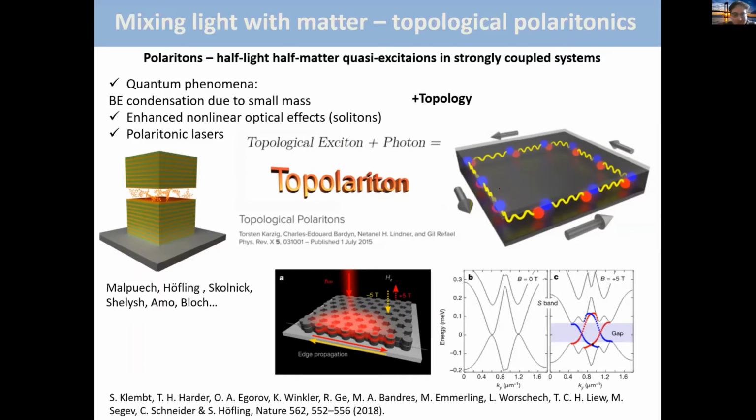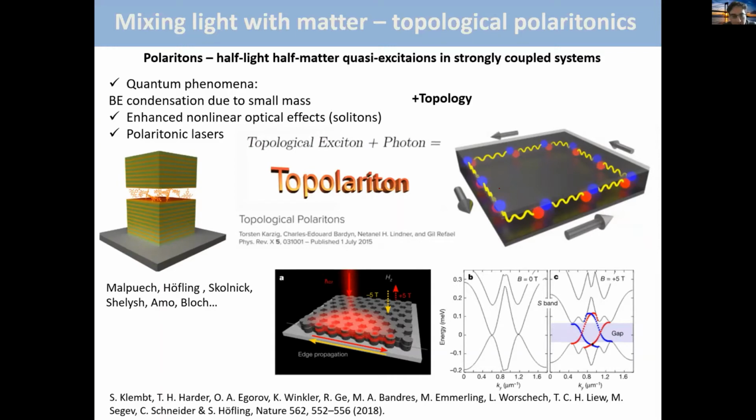Of course, the utmost goal would be some observation of Bose-Einstein condensation in topological polaritonic systems, and enhanced nonlinear effects. For example, potentially observing solitons, topological boundary modes which would be nonlinear and robust, and maybe polaritonic lasers. So there are many reasons to really look into this direction.